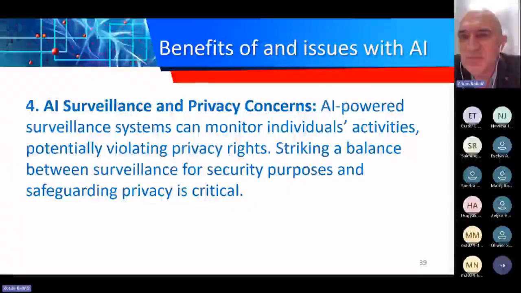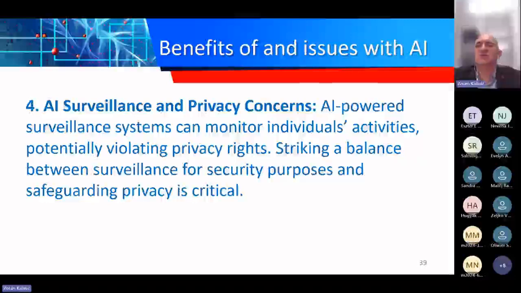AI surveillance and privacy concerns. Of course, again, we are witnesses that many state security agencies are implementing different surveillance techniques.